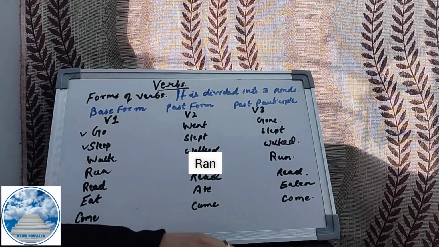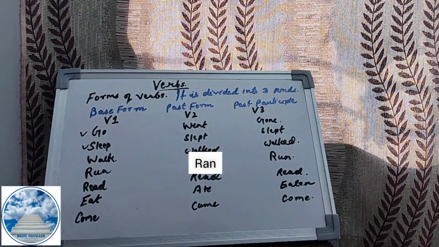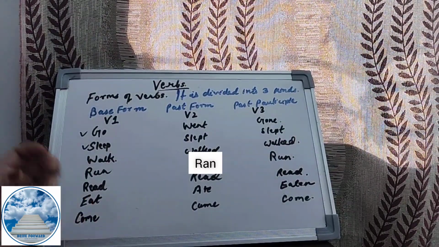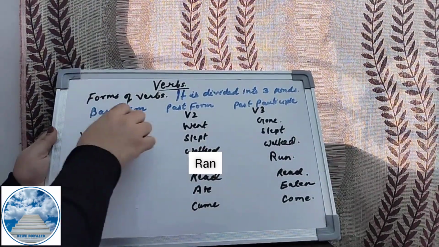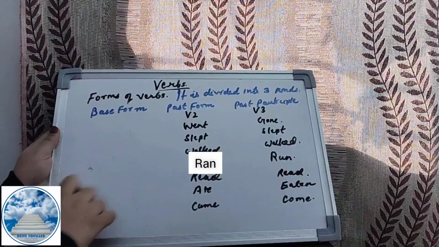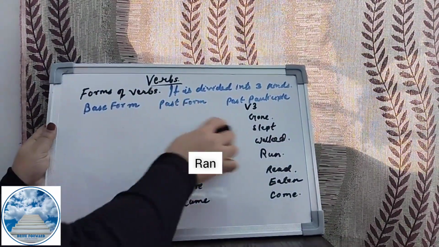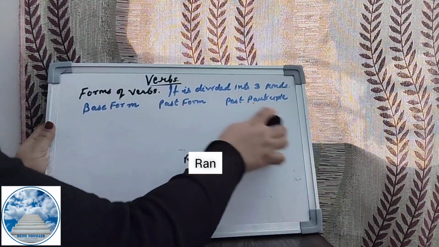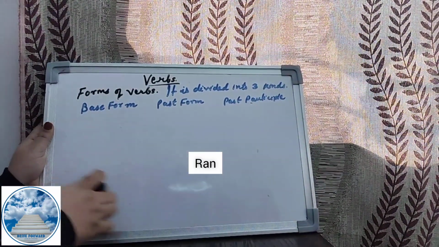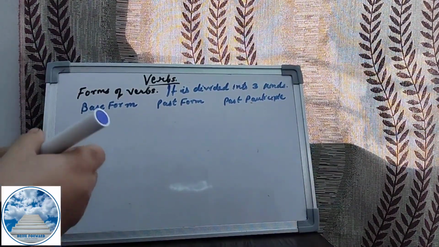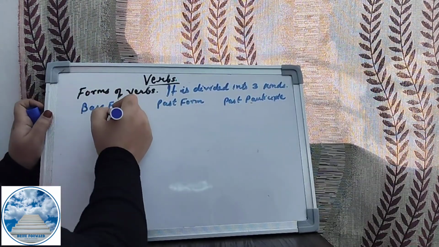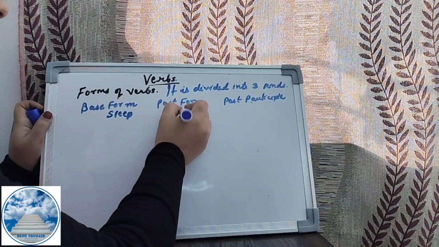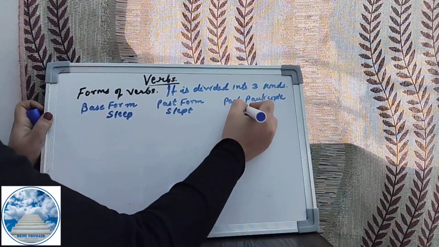So I will give you another example and then it will be more clear. Let me rub this and then I will try to make you understand, and then it will be really clear and easy for you to construct sentences. Okay friends, for example, I take sleep. Sleep, slept, and slept.